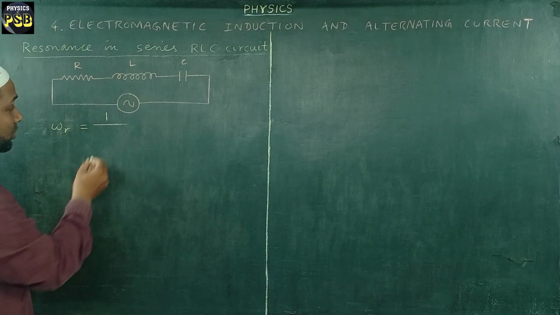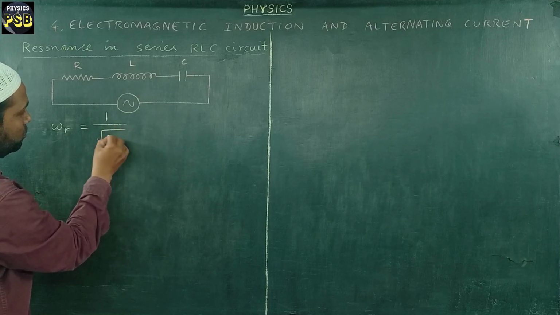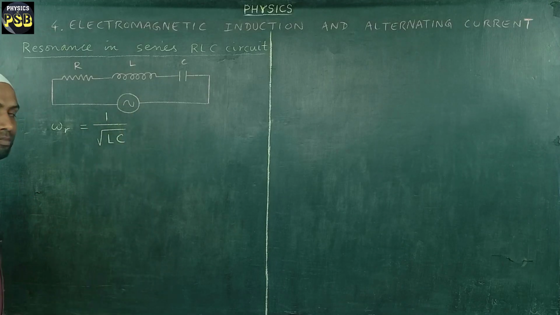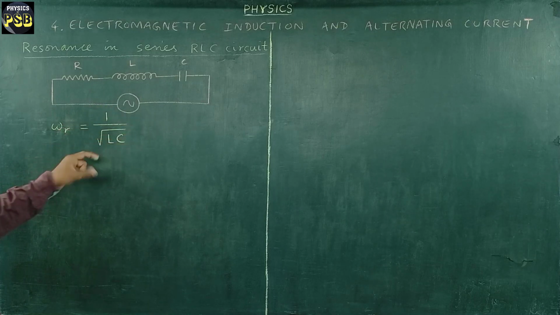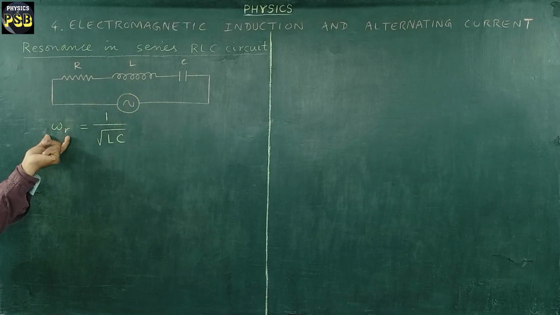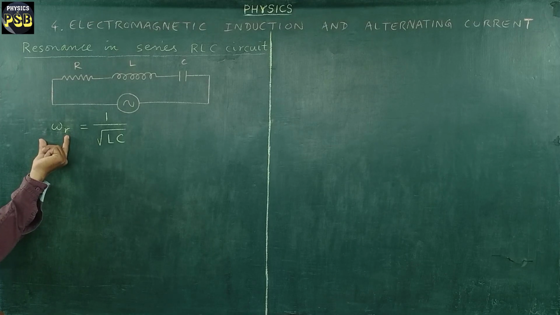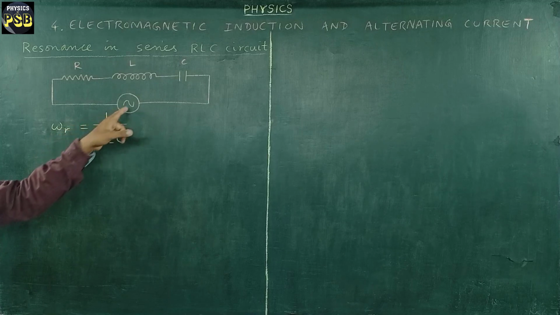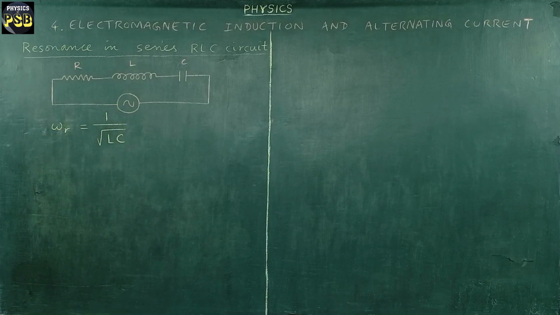Natural frequency of RLC circuit is 1 upon root of LC. This term represents natural frequency of RLC circuit, and omega R represents the angular frequency of applied AC source.